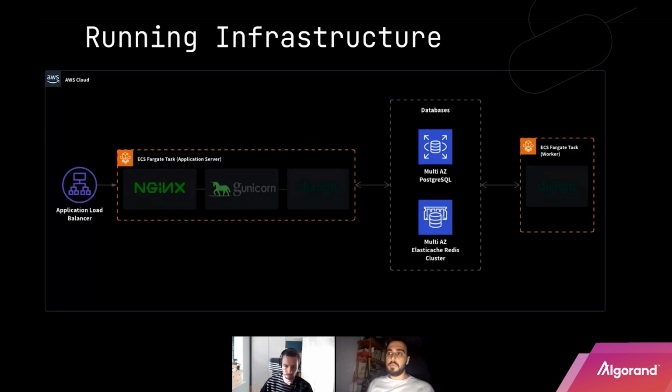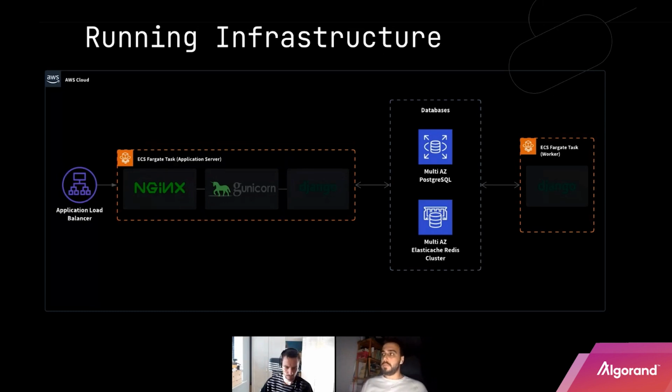We have a number of application servers, with a Fargate task as an application server. In this container task, we have Nginx at the front, then Unicorn, which runs the Django software.